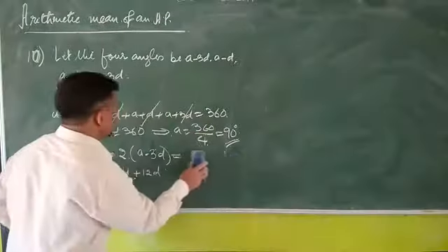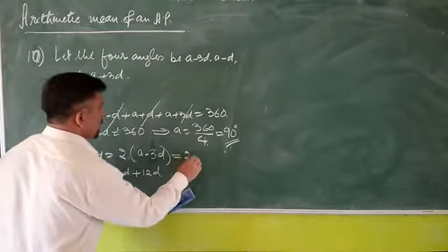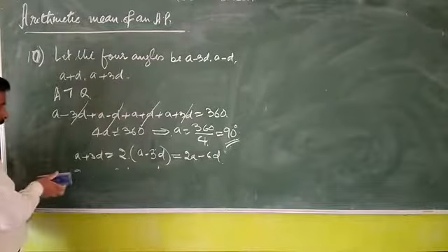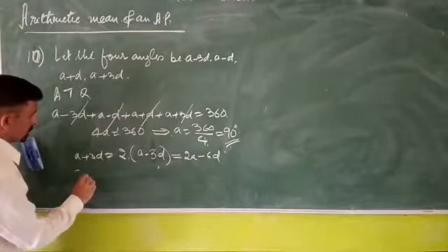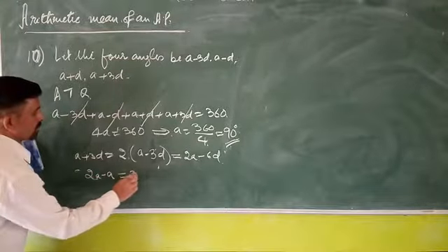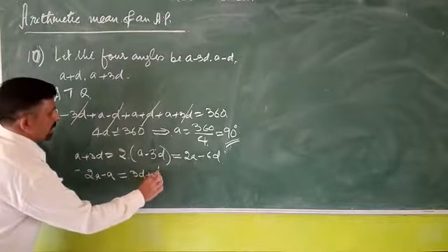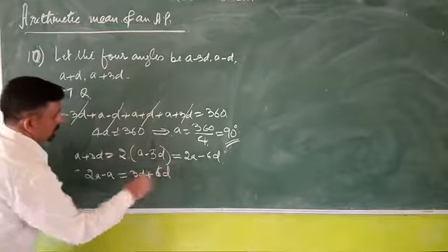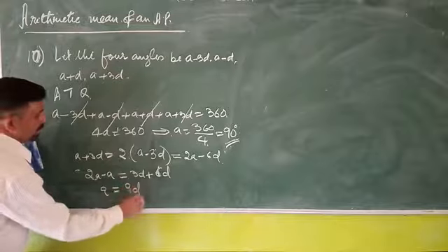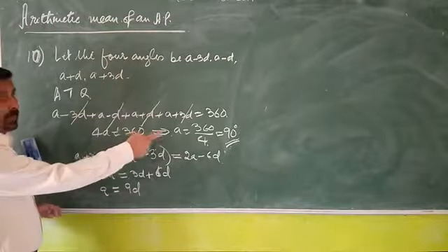So this becomes 2a minus 6d. Now we'll collect the like terms. So 2a minus a is equal to 3d plus 6d. After this it becomes just a, and this becomes 9d.